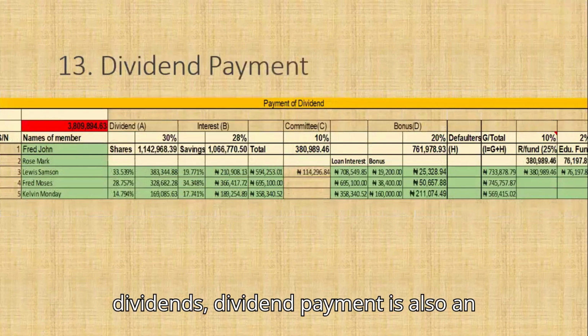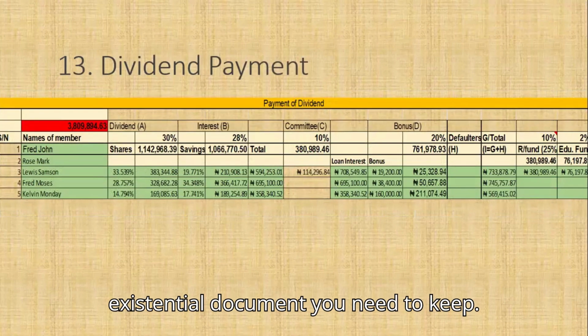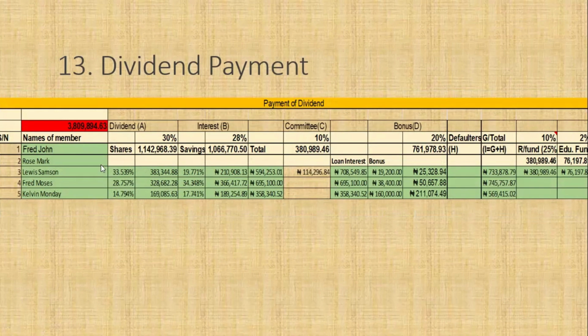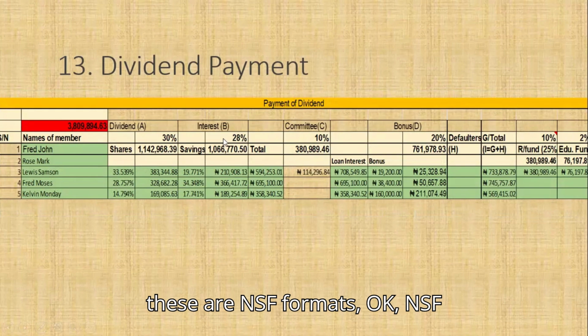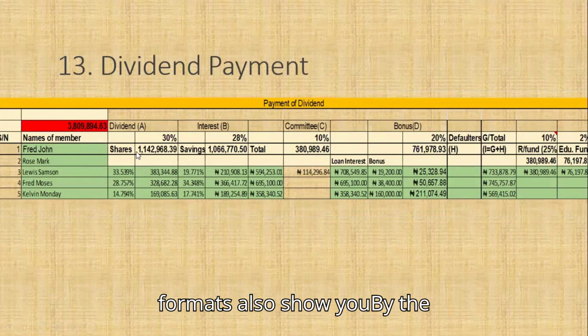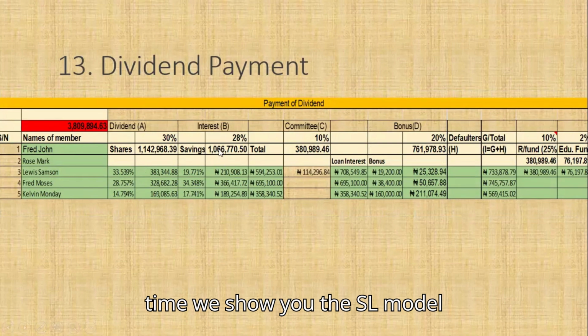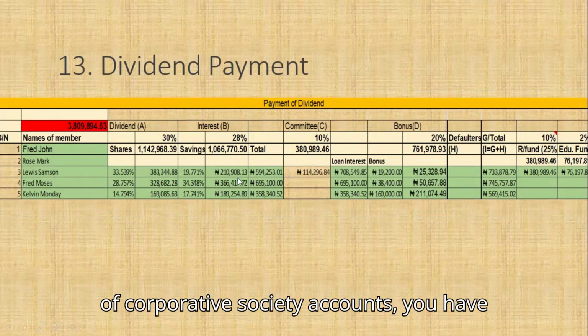Then dividend payment is also an essential document you need to keep. If you declare a dividend, this is an Excel format. We'll also show you by the time we show you the Excel model of cooperative society accounts.